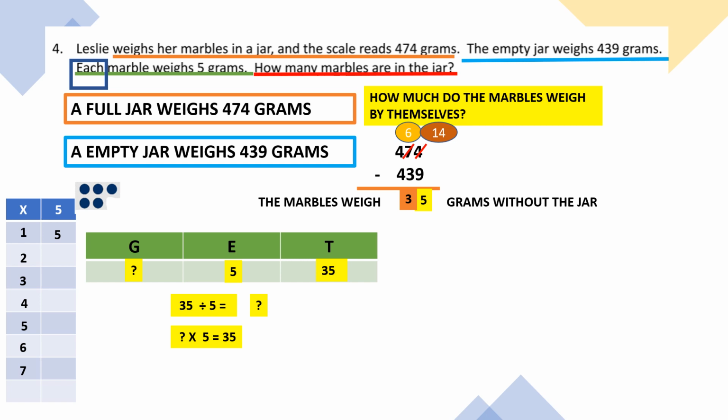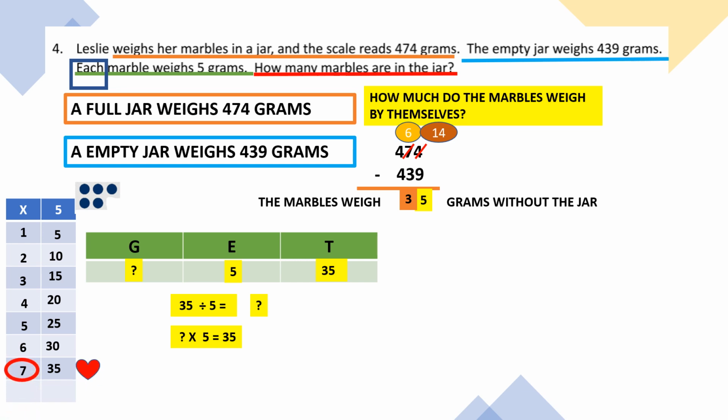Okay. Now, 1 times 5 is 5. 2 times 5 is 10. 3 times 5 is 15. 4 times 5 is 20. 5 times 5 is 25. 6 times 5 is 30. 7 times 5 is 35.